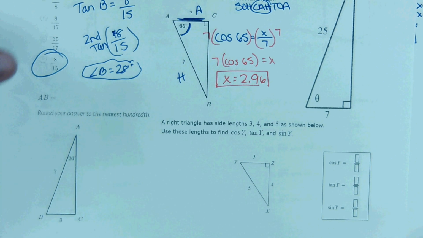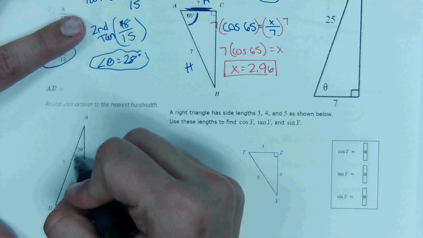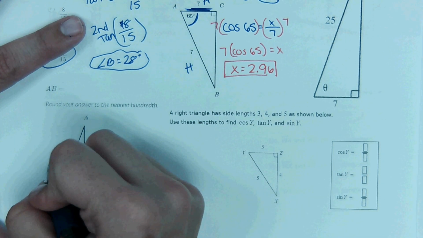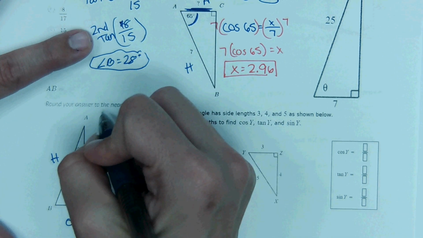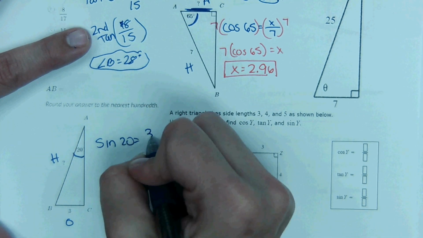Okay. From this one, we're going to move down here because it's almost the same concept. Angle here, opposite and hypotenuse, so we're going to use sine. Sine of 20 is opposite over hypotenuse.